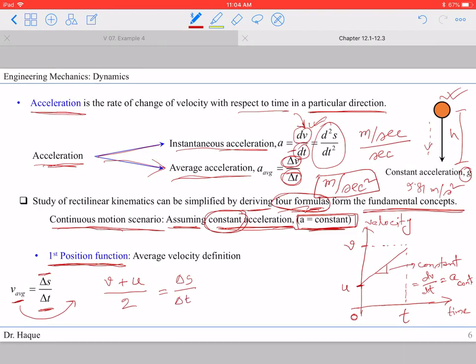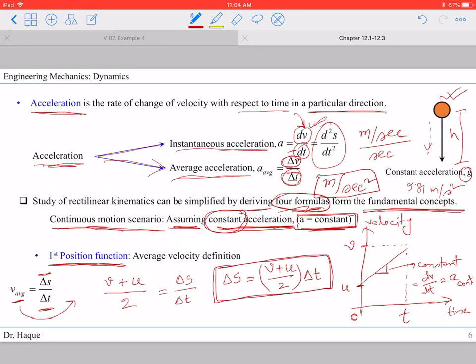So from here we can get our first formula, delta s. So change in displacement can be found if we know the initial and final velocity multiplied by delta t. So this is our first formula.